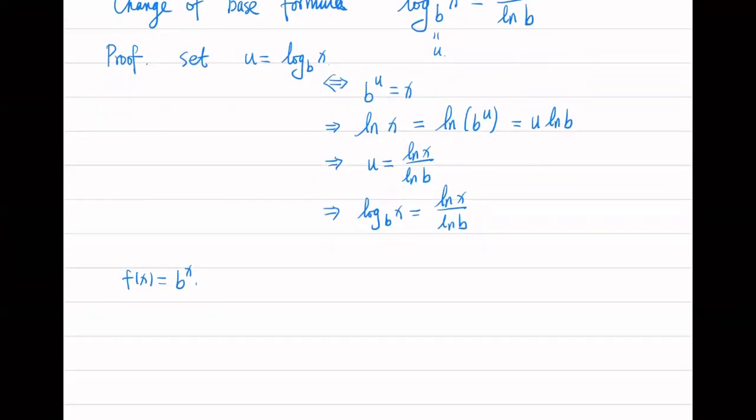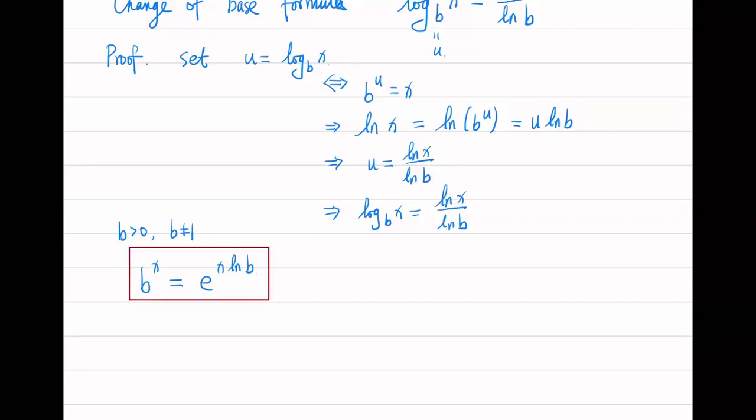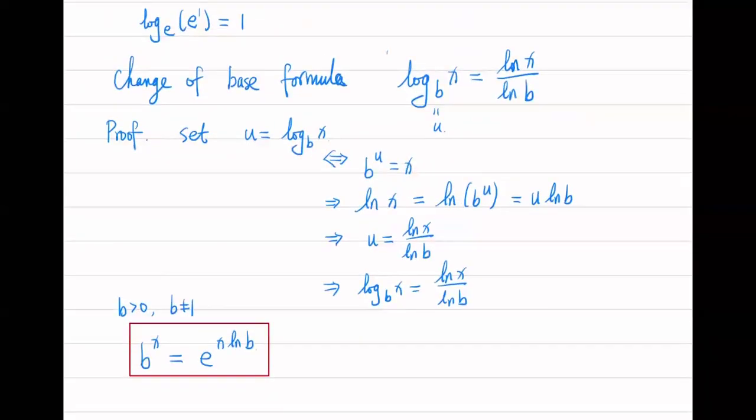So for this one, we have a formula for it. Let's get the formula. So again, b is positive and not 1. Change of base.